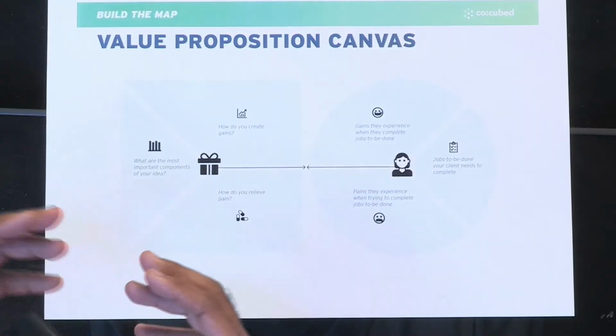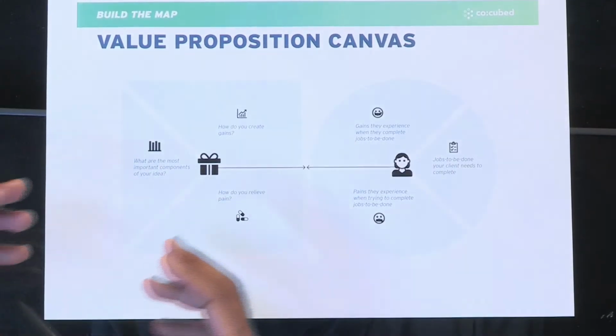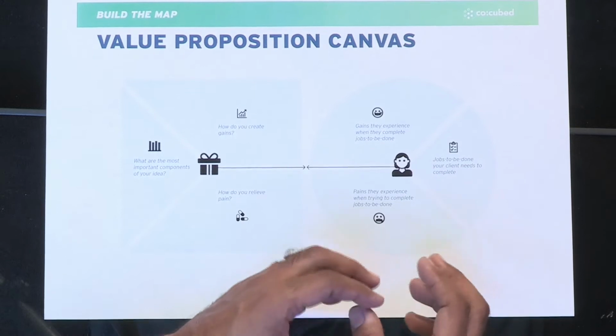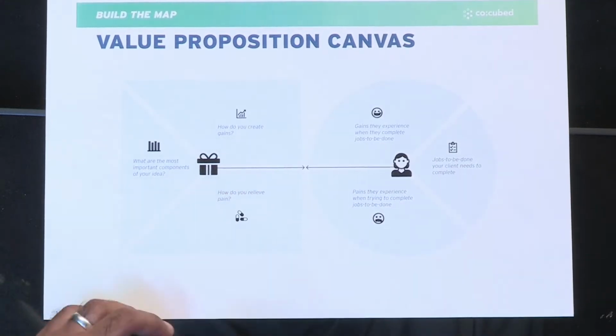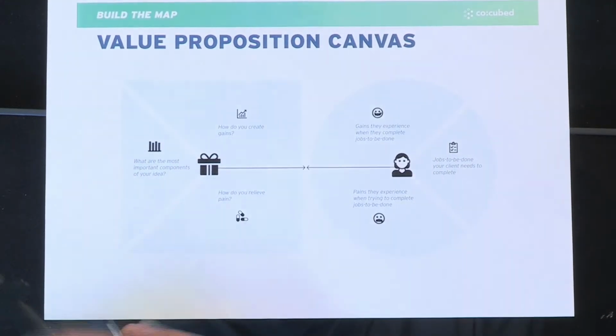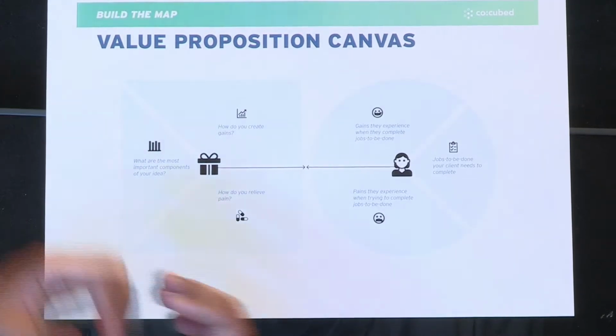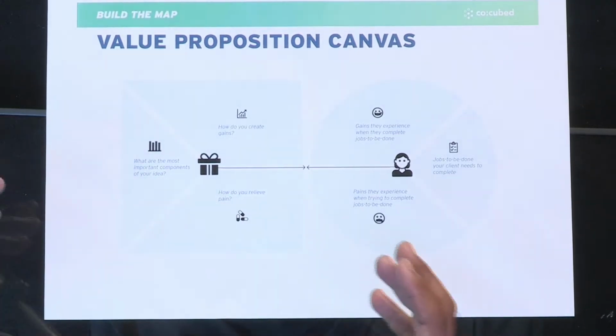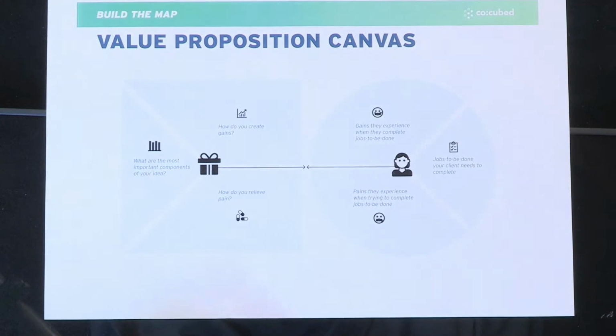How do we make a positive experience or increase those positive experiences that they felt on the right-hand side? And so you're going to plot these at the top here. Also at the same time, you're going to think about what features you have from your idea, what components really alleviate the pains that they were feeling, and we're going to plot those here. And through this plotting of these pains and gains or alleviators that you're bringing, you'll be able to identify the true value that your idea provides.